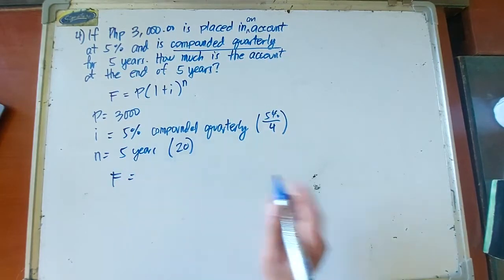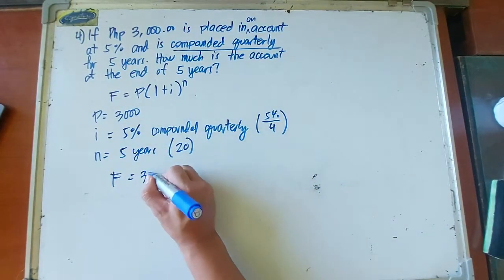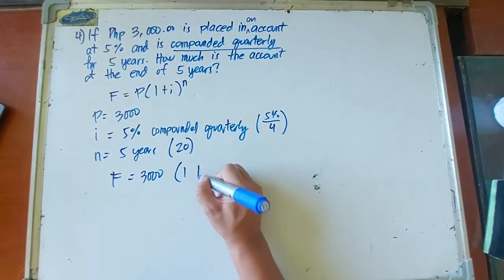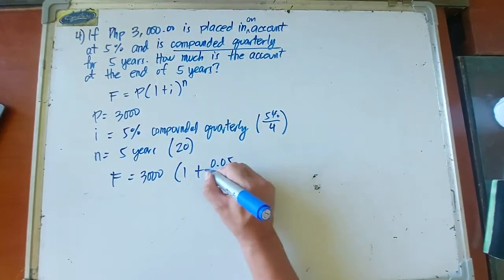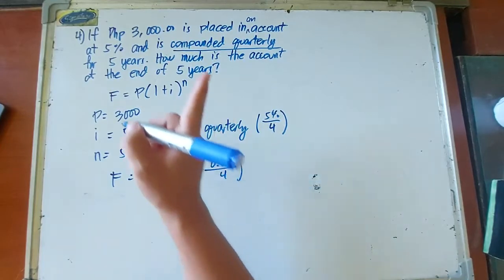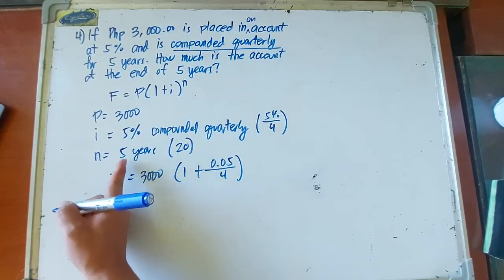So F, the future worth, is equal to the principal times 1 plus I, where I is 5%, or 0.05, divided by 4, raised to n, which is 5 years in this case.